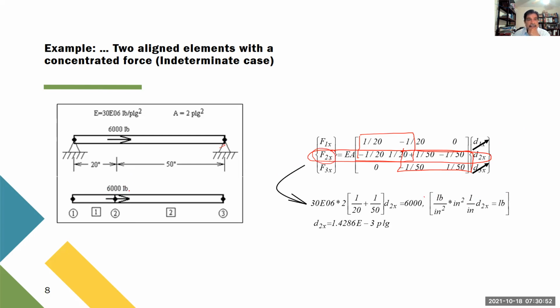So the force is this 6,000 pounds in this case. This is 0, so that term doesn't appear. And the central one is here, okay? So this is EA, this is the combination multiplied by D2. And on the other side, there's 6,000. This is the handling of the units. And of course, we can calculate D2. Positive, meaning that it moves to the right.